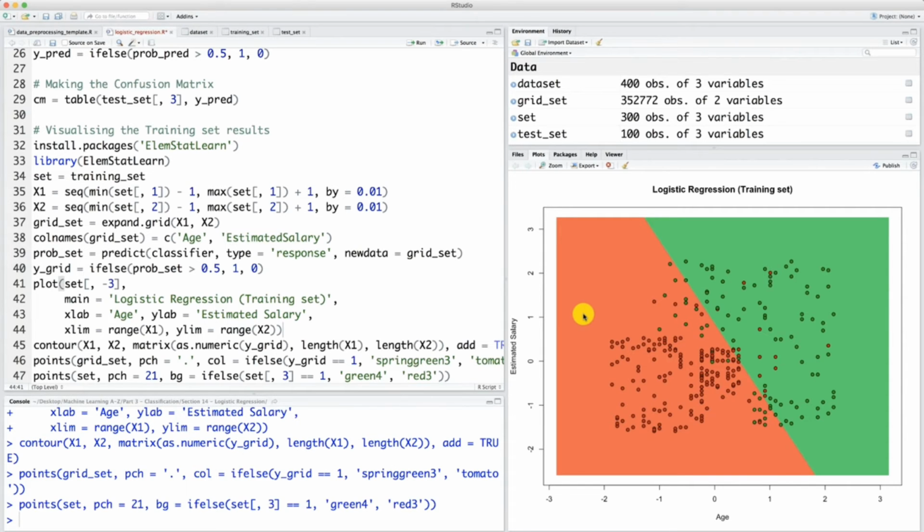Okay, and now eventually the last thing very important to understand is that this is the training set. This is a training set, so that means that our classifier learned how to classify based on this information here.